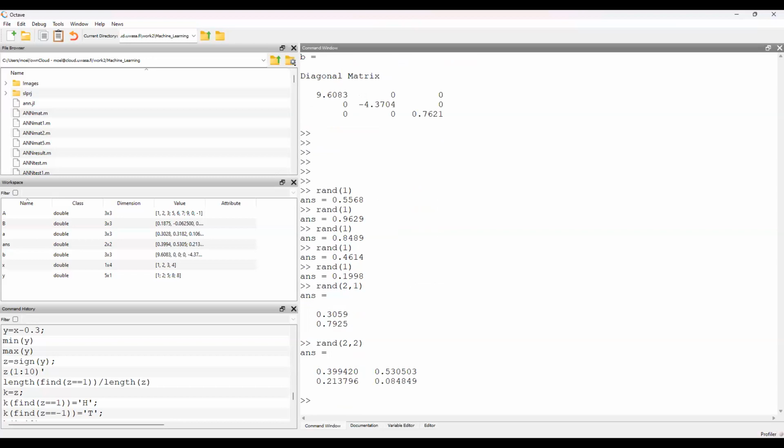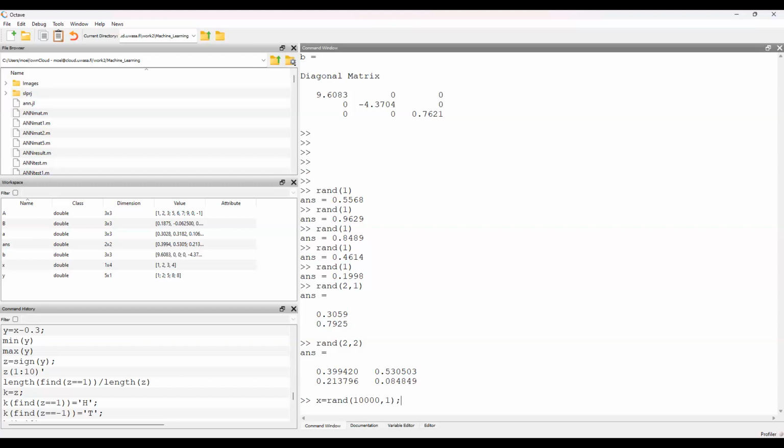So rand gives you a random number from 0 to 1. Now if I generate a random vector of 10,000 numbers, it will be 10,000 rows and 1 column.